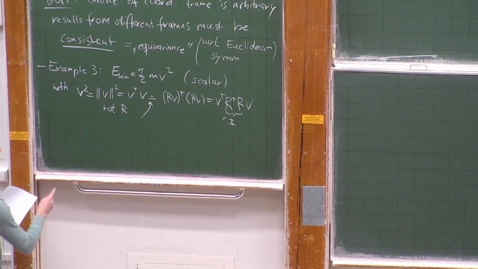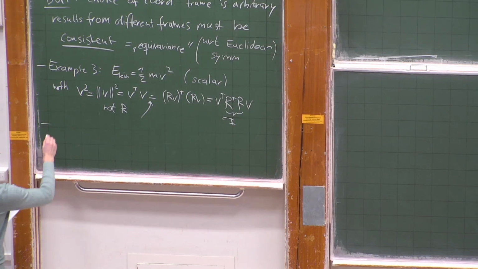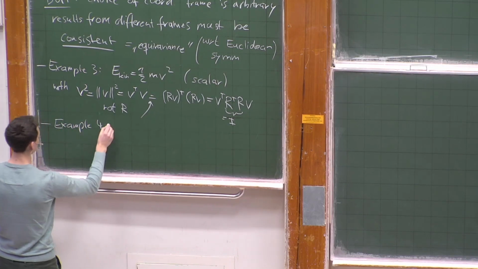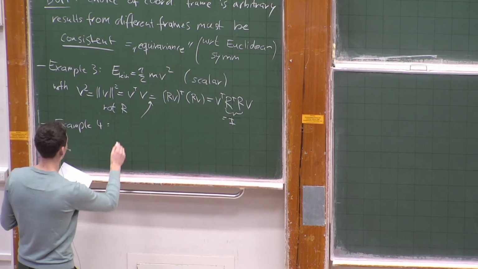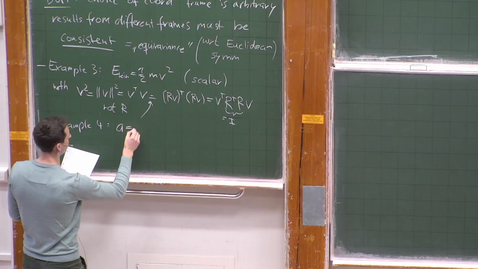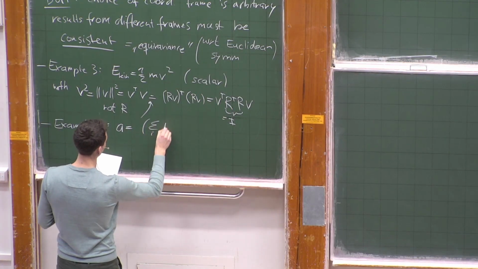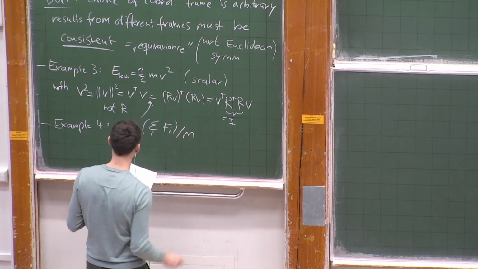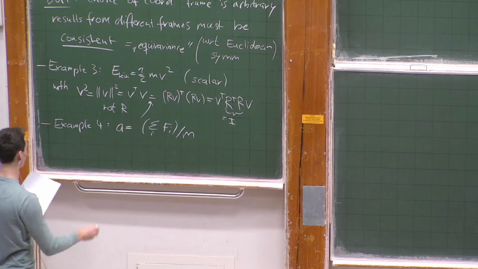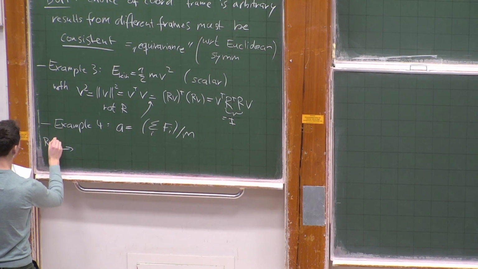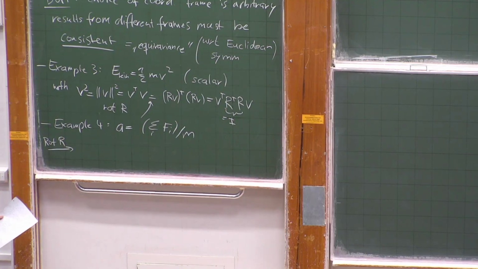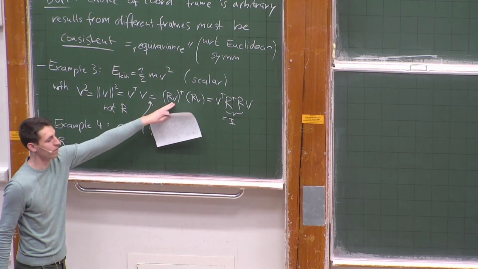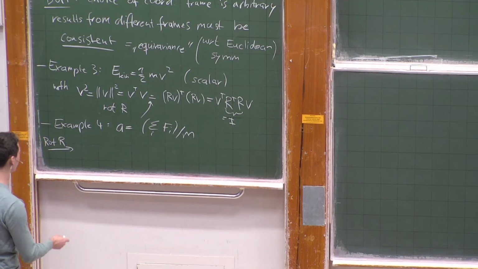Okay, let me give a last, again, quite simple example, which will be the acceleration. The formula for this would be: we sum up the forces acting on a particle to get the total force, and then we divide by the mass. Now if we apply a rotation by which we rotate the coordinate frame, the coordinates of the forces will change, as the coordinates of the velocity changed here, because these objects are vectors.